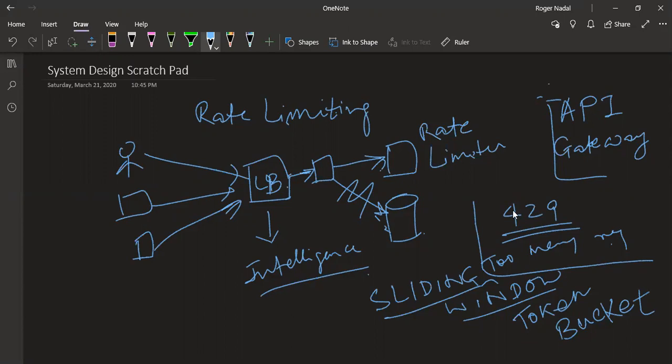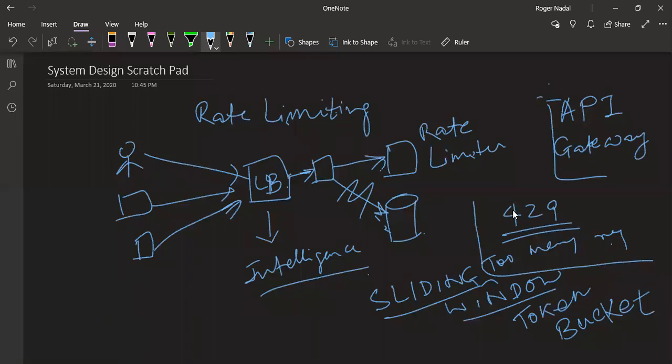So sliding window is an algorithm where, okay, you can make 5 requests in 1 minute, or maybe say you can make 15 requests in 3 minutes. So your window should be that 3 minutes, right? And then you need to keep count of how many requests you actually made in the last 3 minutes. So that would be the idea of sliding window.